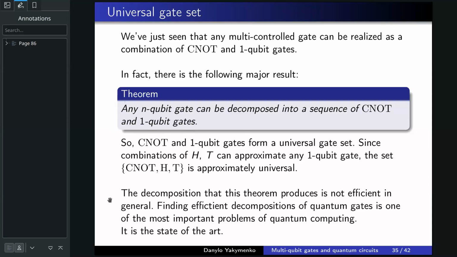What we want in practice is to find decompositions that are efficient, so they contain only a polynomial number of simple gates. Finding such efficient decompositions is actually one of the most important problems in quantum computing, and it's also one of the hardest. It is actually the state of the art in this science to find efficient decompositions.